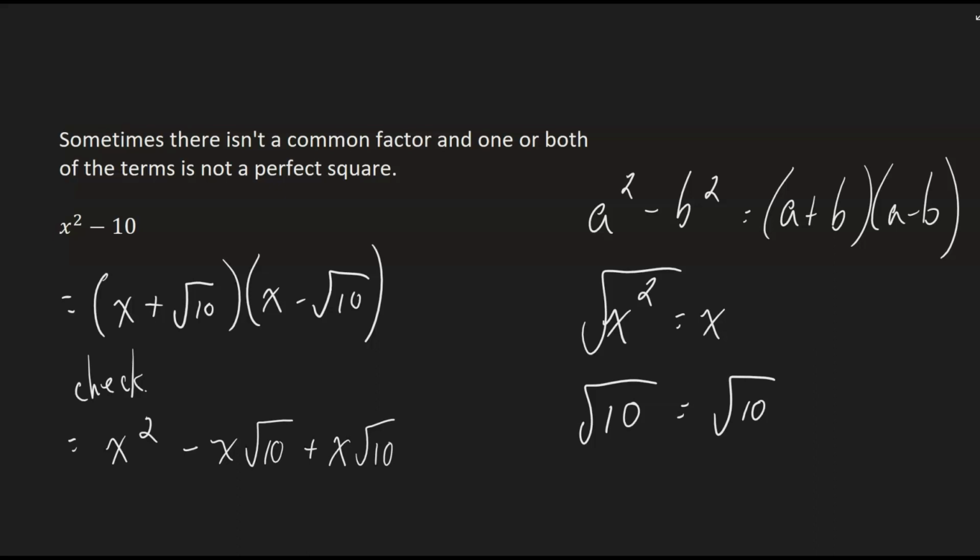And positive root 10 times negative root 10 is negative root 10 times root 10. Notice the two terms in the middle are the same, but opposite signs, so they zero each other out. And root 10 times root 10 is 10, so this is subtract 10. So, in fact, it worked.